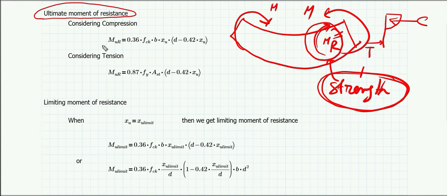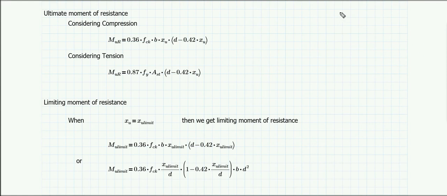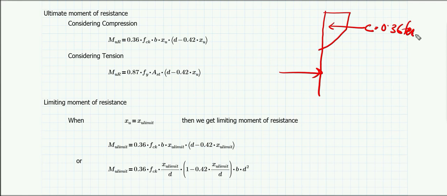If you want to find out the maximum moment of resistance, you just go into the stress strain diagram. You can see that this is the diagram. This is the compressive force, which is nothing but 0.36 FCK B XU, and this is the tensile force, which is 0.87 FY AST. And this is the lever arm.